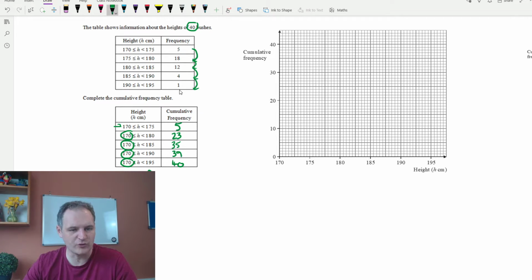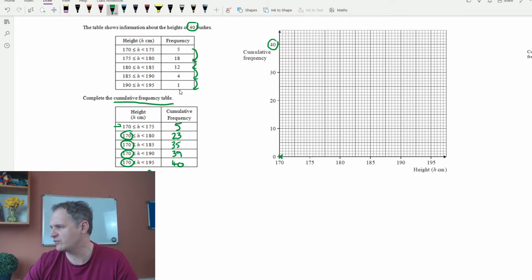So our next job, once we've got the cumulative frequency table, is to put it into a graph. Here's one I prepared earlier, a cumulative frequency graph. You'll notice I've gone up to the top number here of 40, and I've gone along from 170 to 195, so we can fit everything in. At 170 there is none so far.